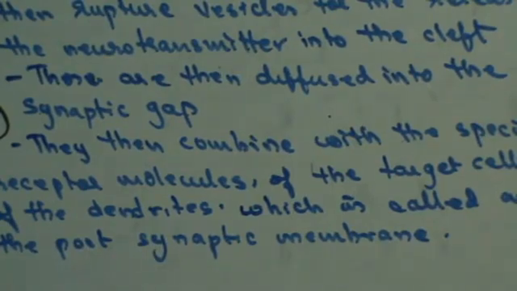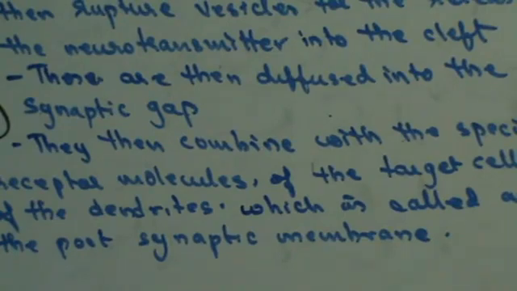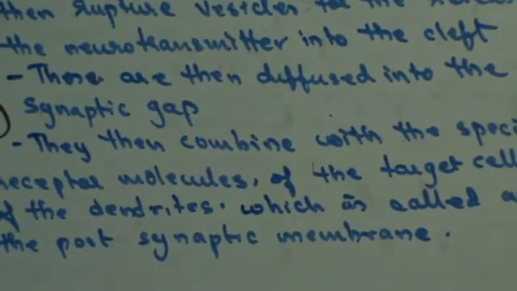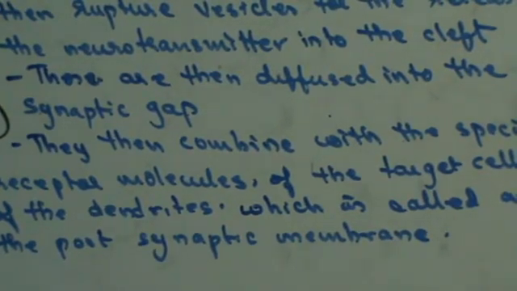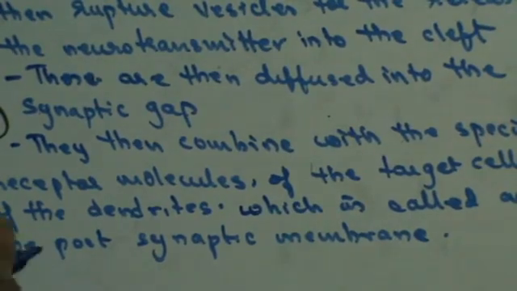Fine, do you get this thing here? Now, this combination of the neurotransmitter with the postsynaptic membrane causes sparking for a second, and the electric current due to the depolarization passes on its signal.